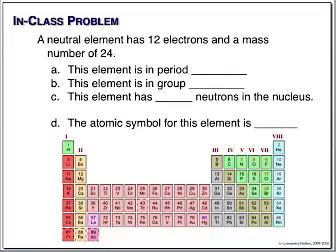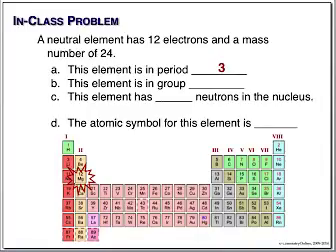Well, if it has 12 electrons and it's neutral, it must also have 12 protons, which means this is magnesium, atomic number of 12. So this is in our third period.